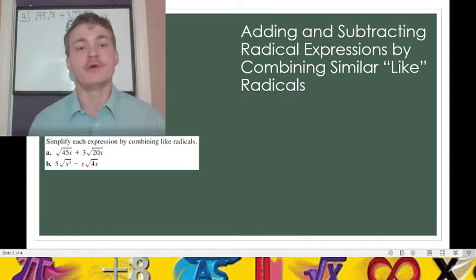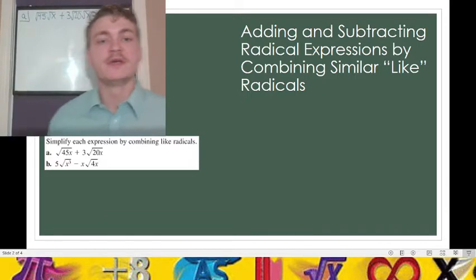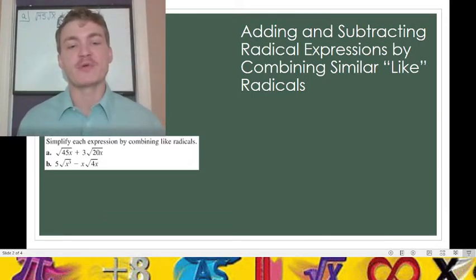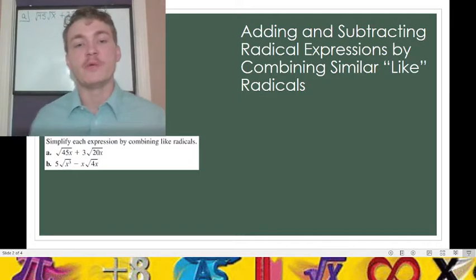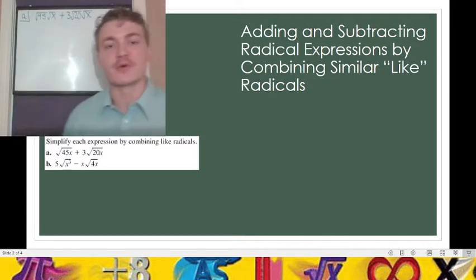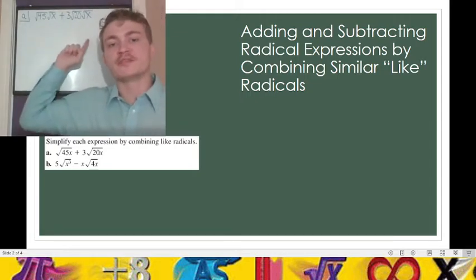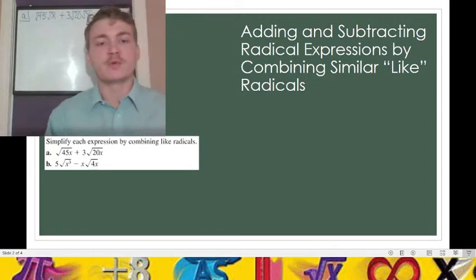The square root of 45 multiply the square root of x plus 3 times the square root of 20x. 20 is multiplying x, thus we rewrite 20 under its own square root, and we rewrite the factor of x under its own square root. So our second term here, 3 multiply the square root of 20, multiply the square root of x.